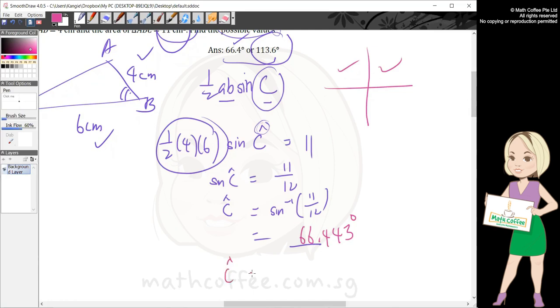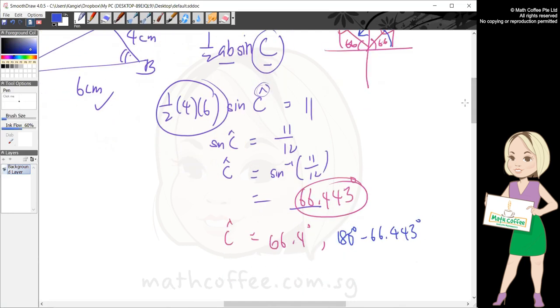So in E-Math for sine, you must always have two answers. The first answer is this one, 66.4 degrees, and the second one is over here. If I draw the triangle, this is 66 and this is also 66. The thing is, how do you go to the second quadrant? All you need to do is take 180 degrees minus 66.443.